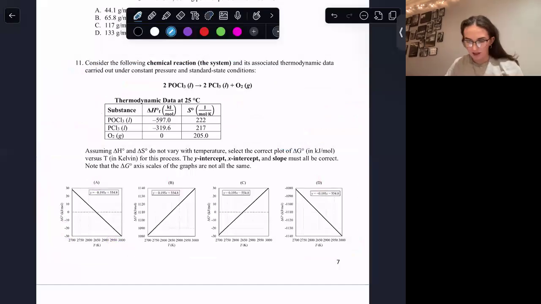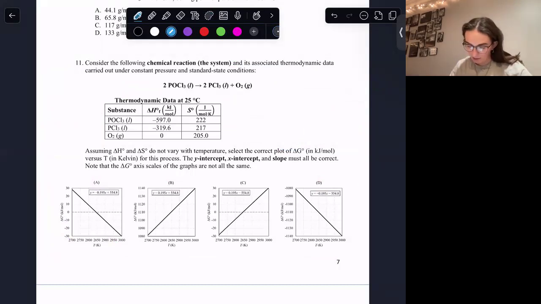Okay, so when we're looking at question 11, we're looking at the chemical reaction and the graphs associated with that as well. We're given the delta H and delta S, so the enthalpy and entropy for this.